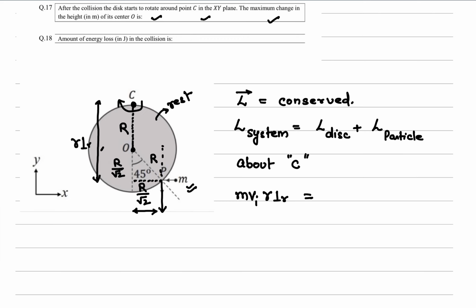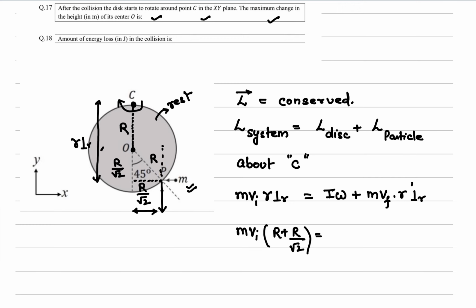So m v initial into r perpendicular. Now after the impact, the disk will rotate with omega, so I omega plus m v final into r perpendicular. Now putting the values: m v initial, r perpendicular is r plus r by root 2, is equal to I omega.